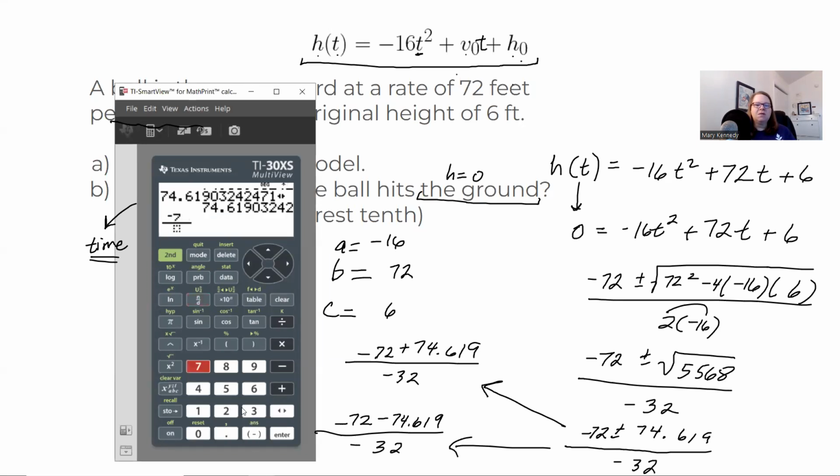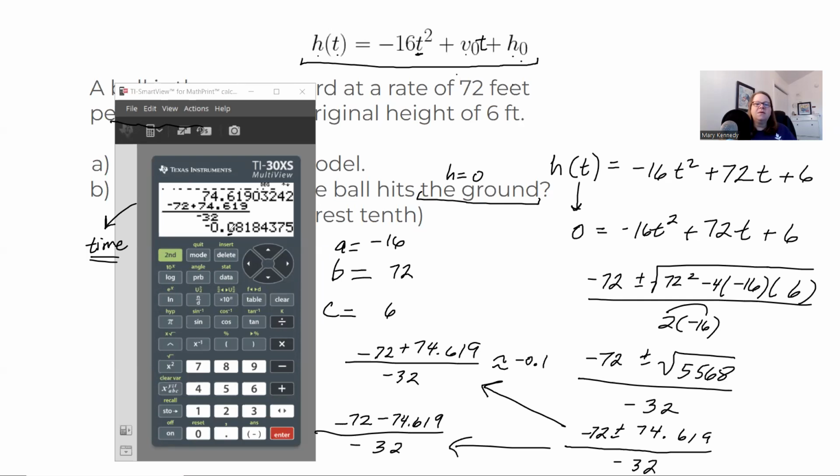So with this calculator, I have the luxury of typing it in as a fraction. If you don't have this one, that's okay. You can just type in the top, get an answer, and then hit divide by negative 32. Okay, so for this, I get that this is about negative 0.08, and it did say round to the nearest tenth, so I will round that to negative 0.1.